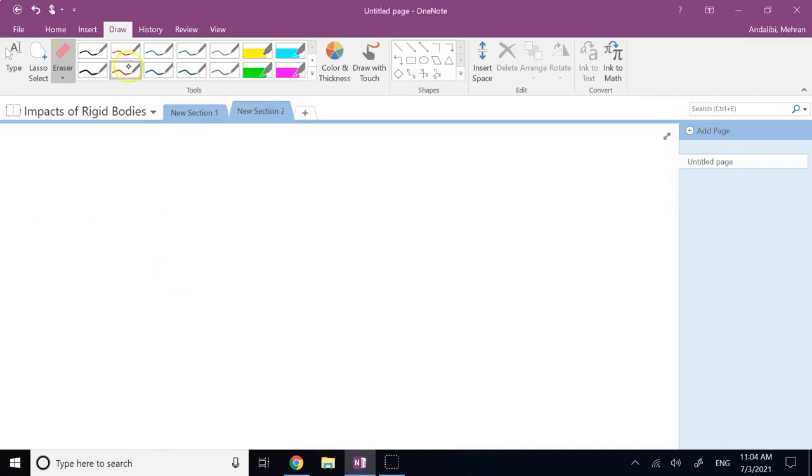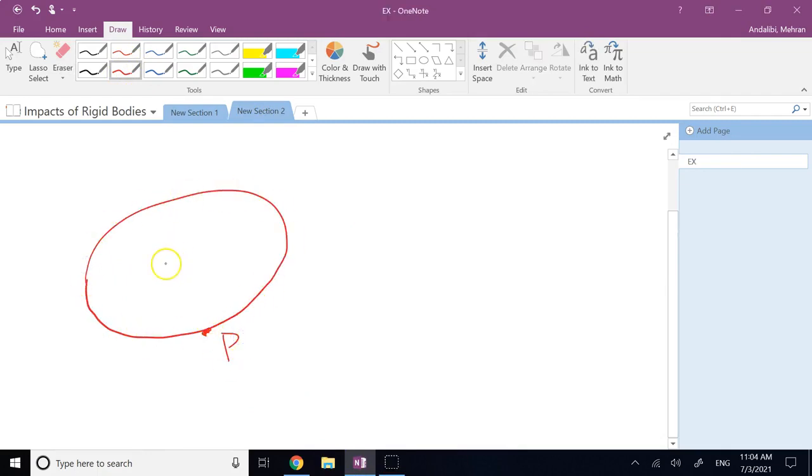So here you have your rigid body. This is point P. This is the centroid C. And you know the centroid has angular velocity omega, and it also has the velocity of the centroid.